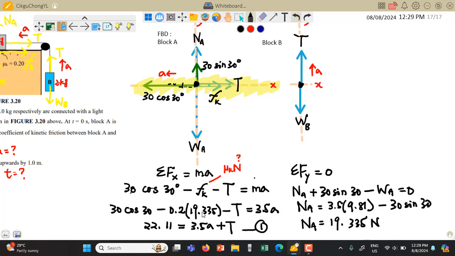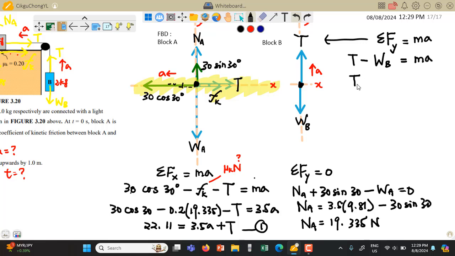Then we try to find another equation in which we have acceleration and tension. Okay, so we can refer to block B. Block B accelerates upward, so we can apply Newton's second law along the y direction. Summation force y equal to Ma for block B. Tension is the force in the same direction as A. Weight B is the force opposite to A. So we are going to have the force in the direction of A, tension, minus the force opposite to the acceleration, WB, equal to Ma.